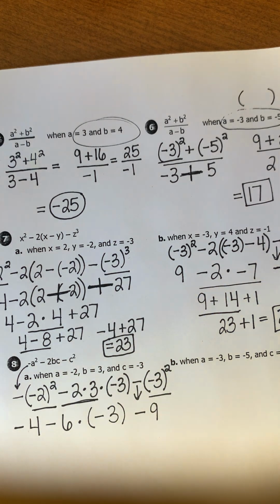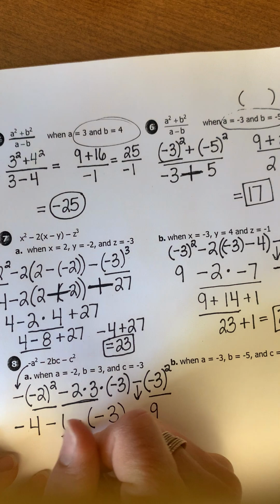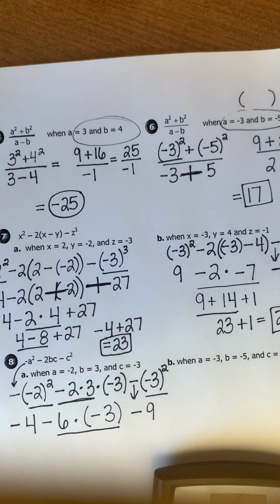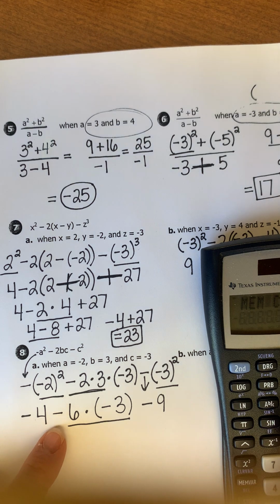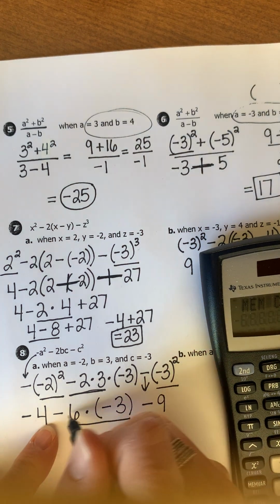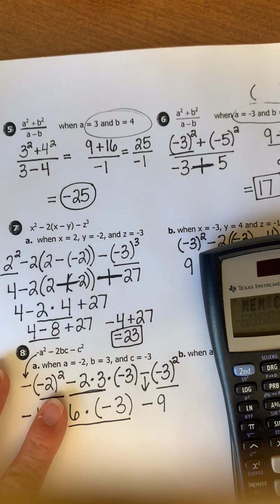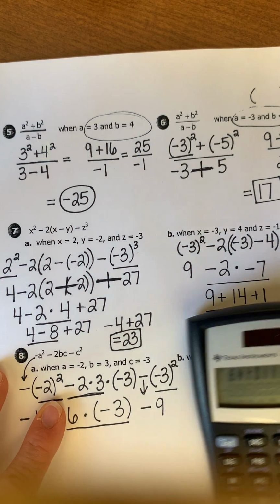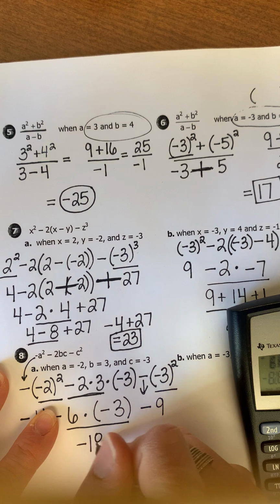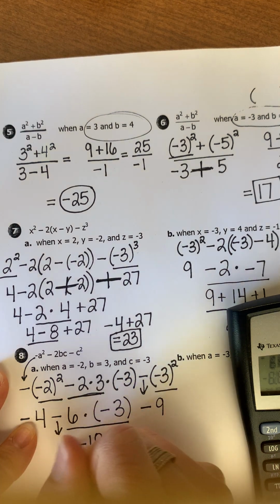Okay, so everything is subtracting except for this 6 times -3. Or if you want to do, see, this is where it's kind of up to you. You can say -6 times -3. I'm going to just do 6 times -3 today. -18. But you have to make sure this guy comes down.